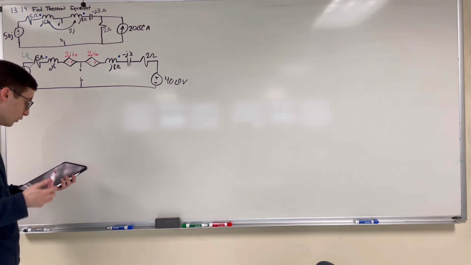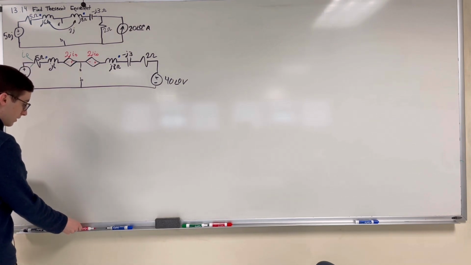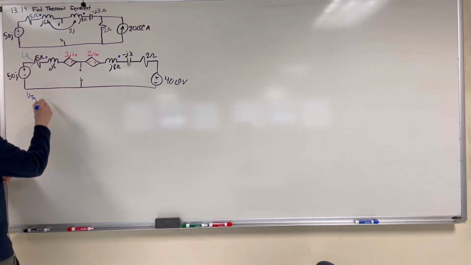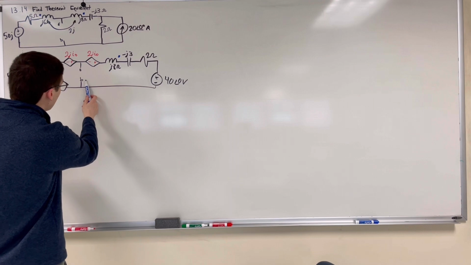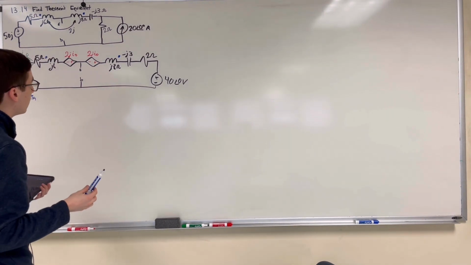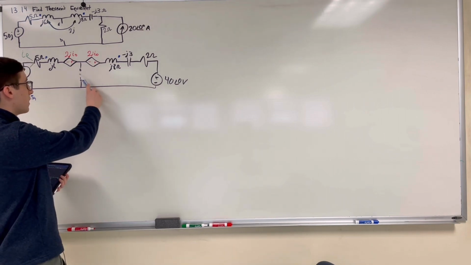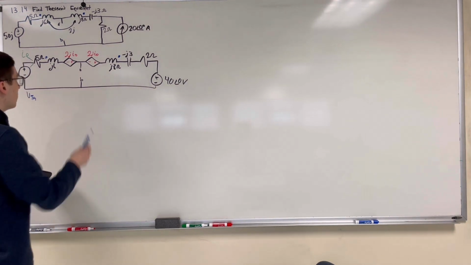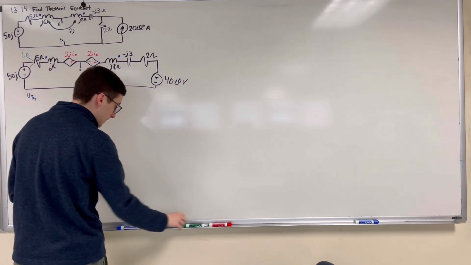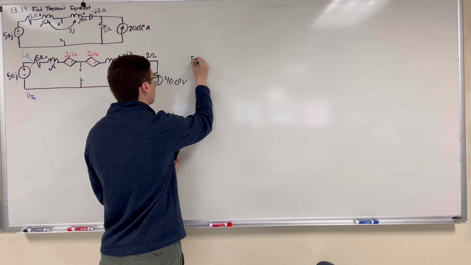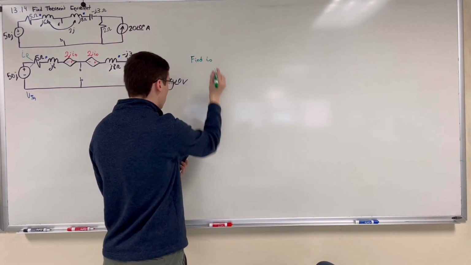But anyways, first we need to find VTH. So VTH is simply going to be the voltage from A to B. But before we get there, we have to find the voltage across every one of these components, and to do that, we first need to find IO. So over here, I will do finding IO.